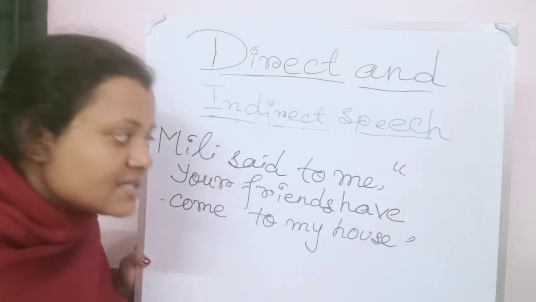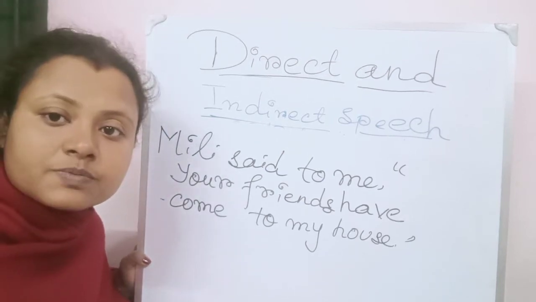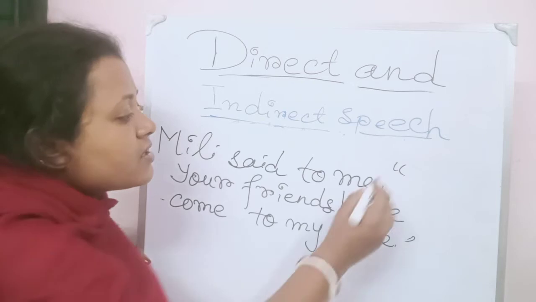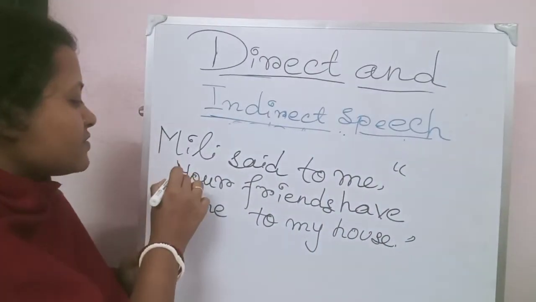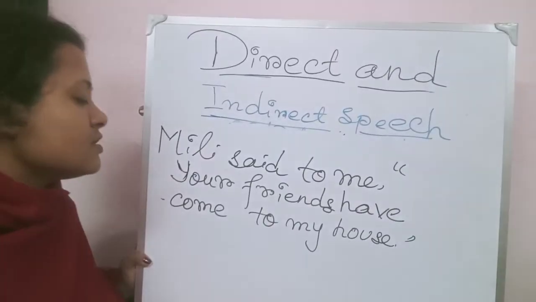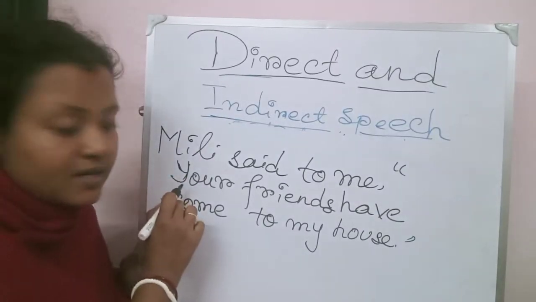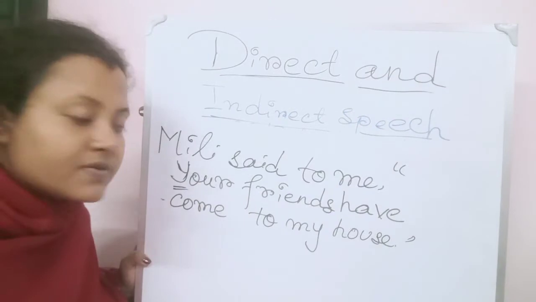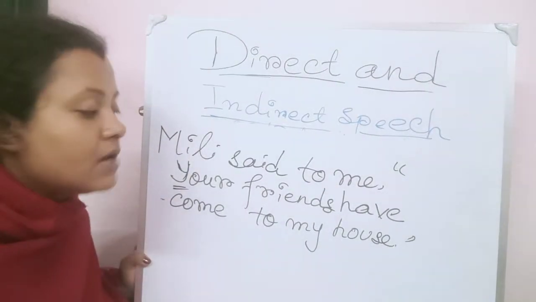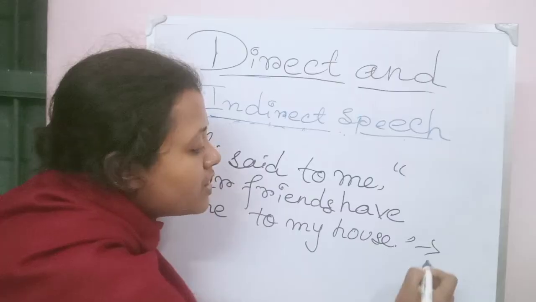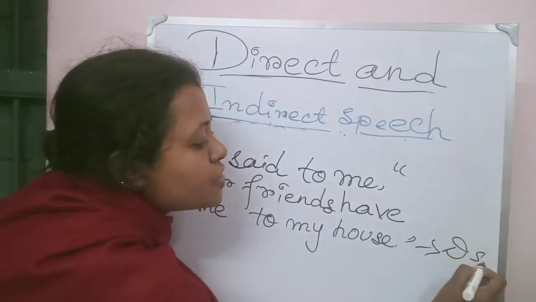It is written in direct speech because it starts with the inverted comma, and after the inverted comma the sentence always starts with a capital letter. So "Your friends have come to my house" is an example of direct speech, because the sentence is within the inverted commas.